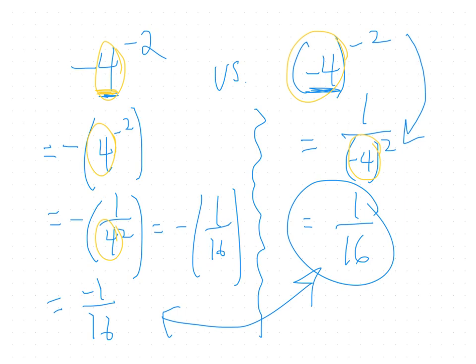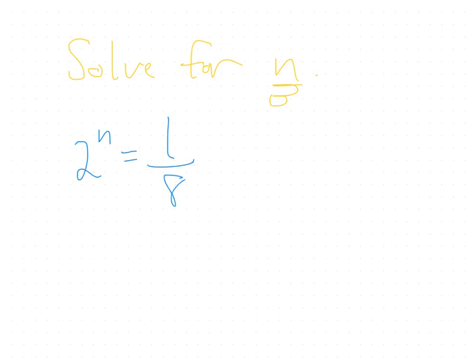So let's move on to the final part of this video, where we might have to solve for a missing value. So solve for n. So for example, something like 2 to the n equals 1 over 8.